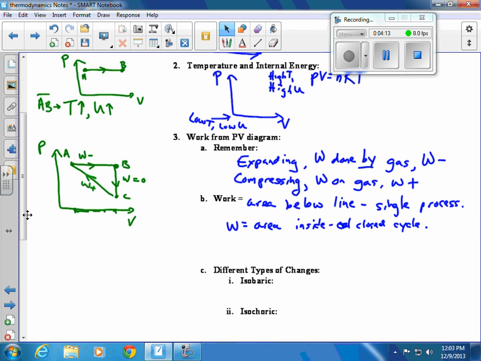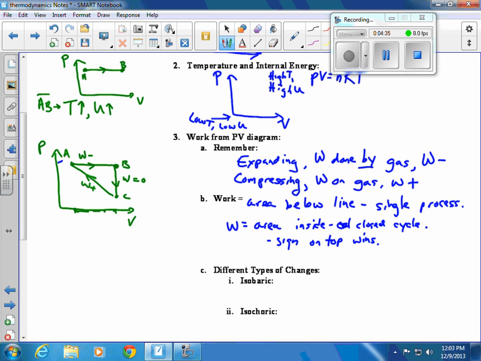Now for the overall cycle, the work is negative because the negative work is above the positive work. So work is the area inside for a closed cycle, okay? And we're going to say that the sign on top wins. Okay, this one, AB on top was negative, so this would be negative work altogether.